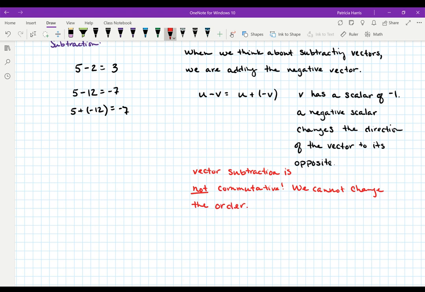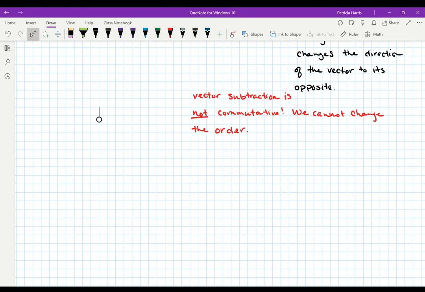Okay, so now I'm going to kind of skip the parallelogram rule and all of that. So what we're just going to do is subtract two vectors. Because I'm going to use them again, we're going to say vector u is negative 4 and negative 10. Vector v is 3 and negative 12.